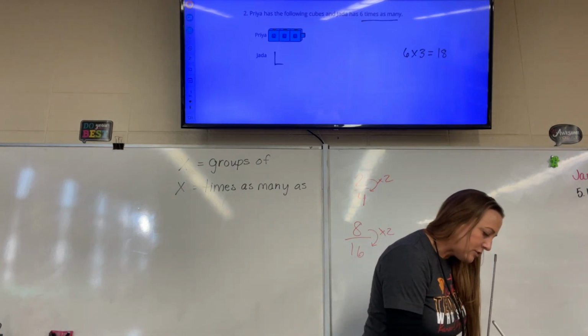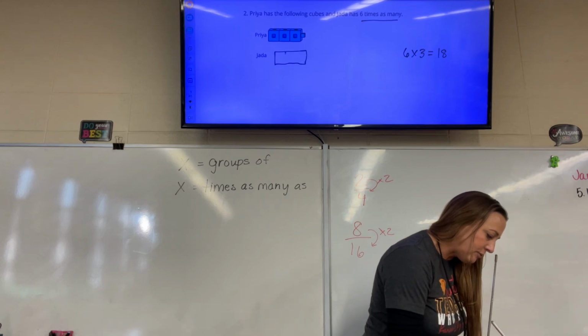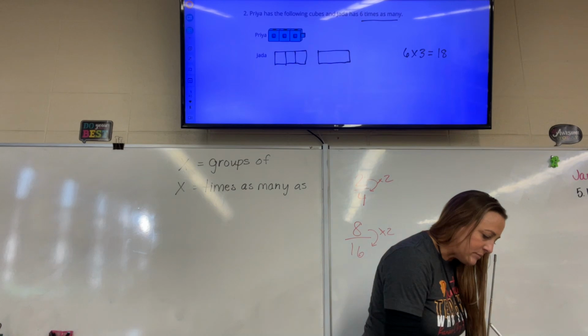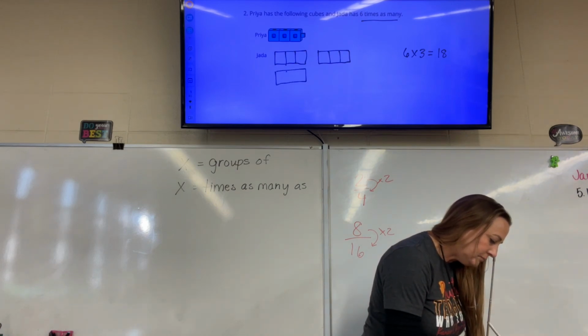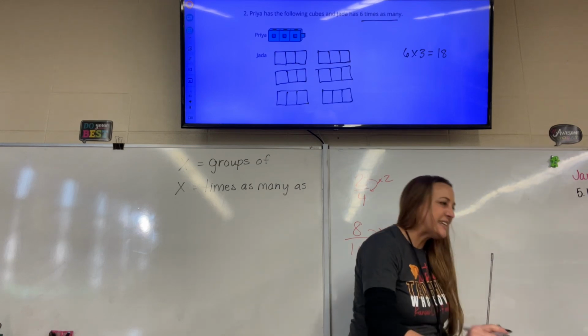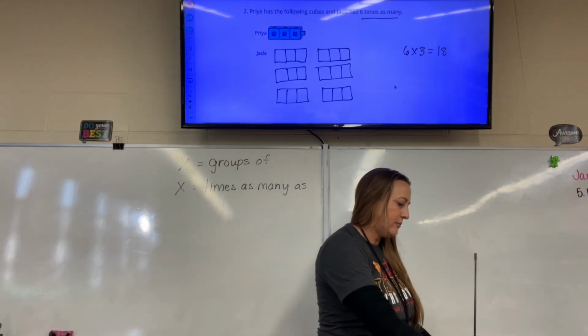Okay, so I'm going to draw 3 blocks, and I'm going to draw that 6 times. All right, so there's 6 groups of 3.